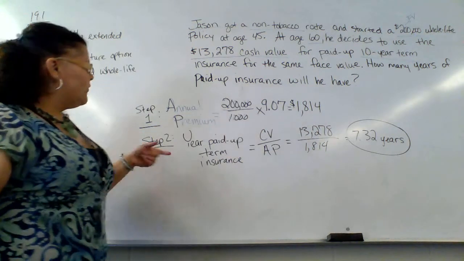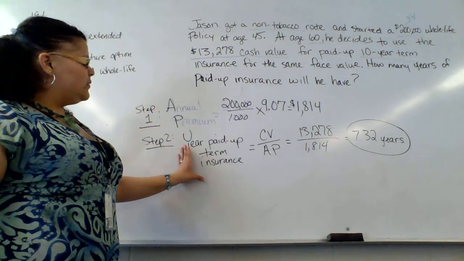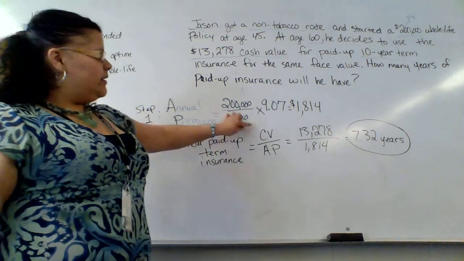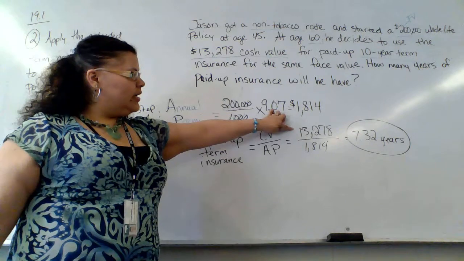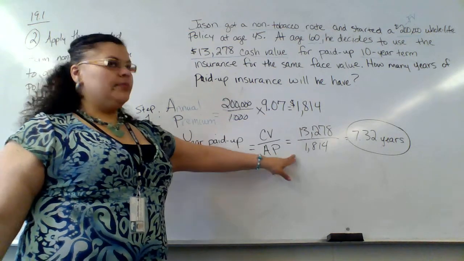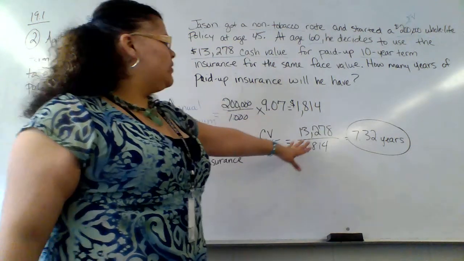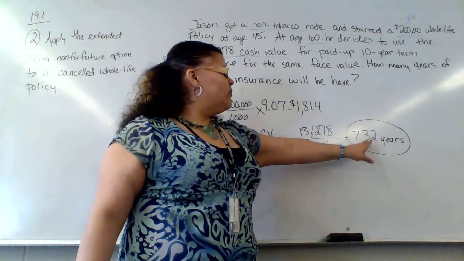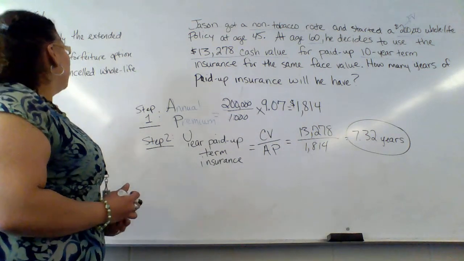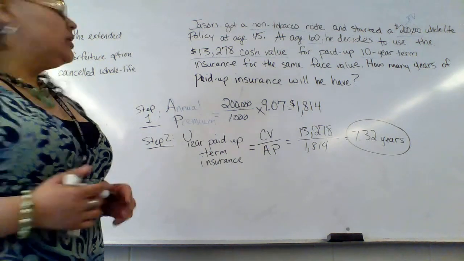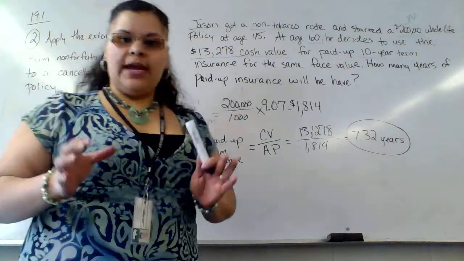And then from there, for step two, to find the years paid up term insurance, you take the cash value, which is that $13,278, and you divide it by the annual premium. Once you do all that, you'll get your answer, which is 7.32 years. And that's how you calculate the non-forfeiture option to a canceled whole life policy.